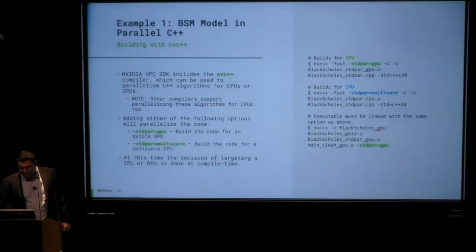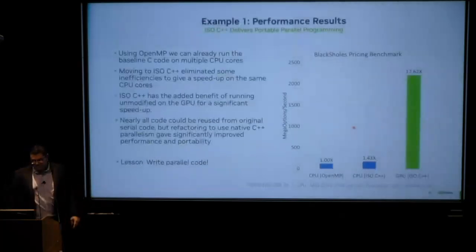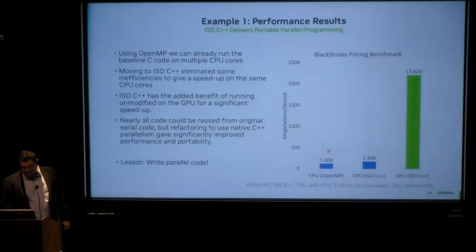Again, we're just changing the stdpar flag, so there are no other code changes from what you saw. Here's the performance difference. Taking the OpenMP code and just changing it to standard C++, you got a 43% gain just from that.